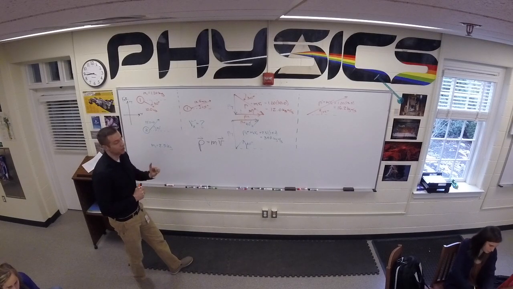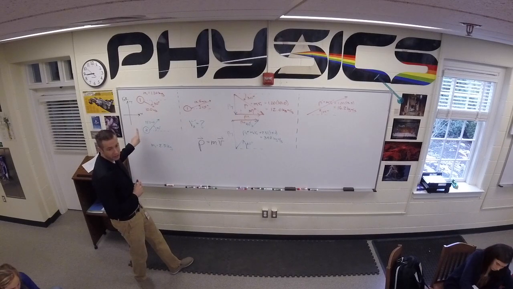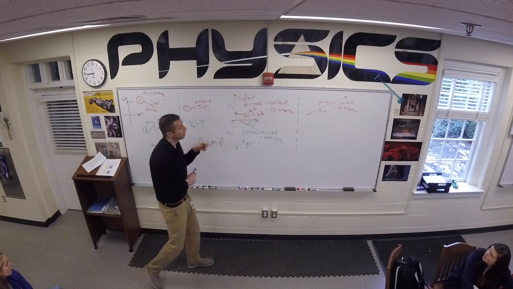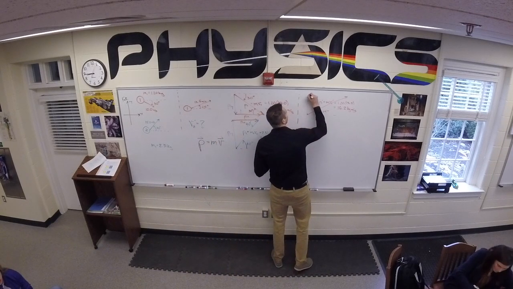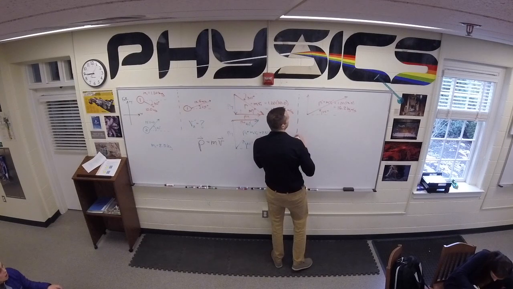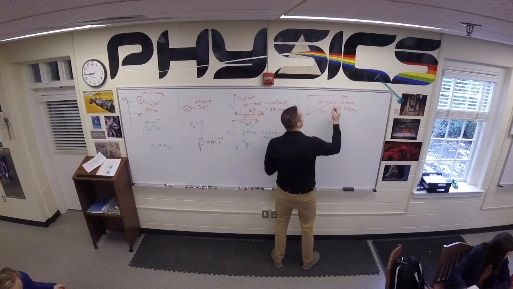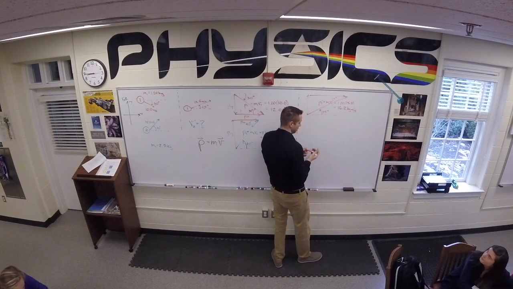So again, this does not point in the positive or negative directions, which means that we need to resolve that into perpendicular components. It points to the right and up, or up and to the right. I'm going to do up and to the right since I put most of my writing on the right-hand side. Again, I know that this angle is 25 again, for alternate interior reasons.